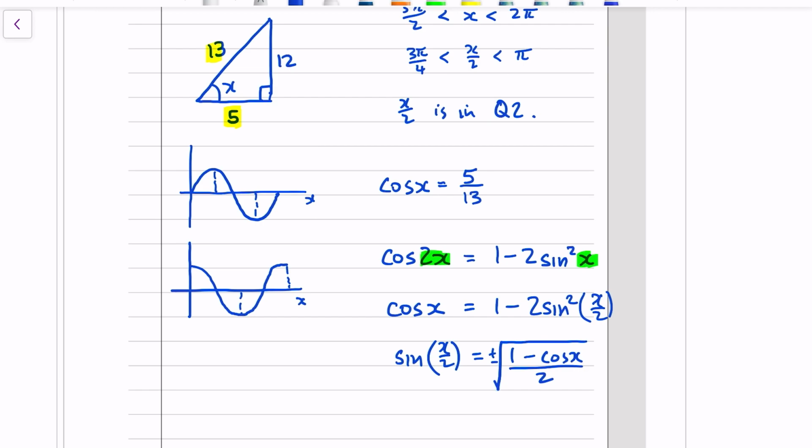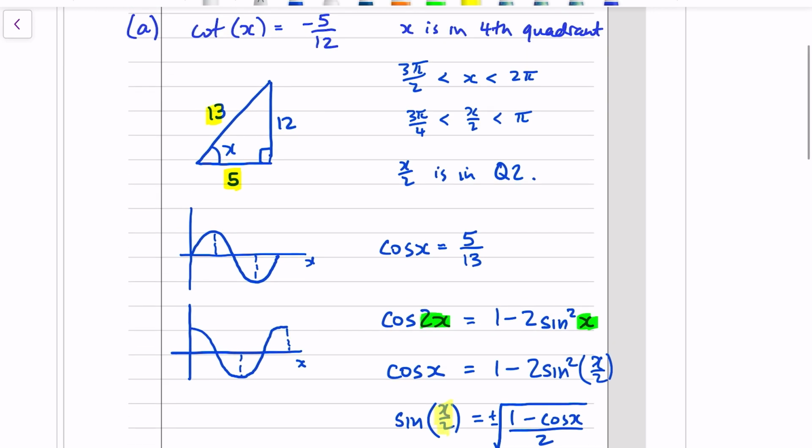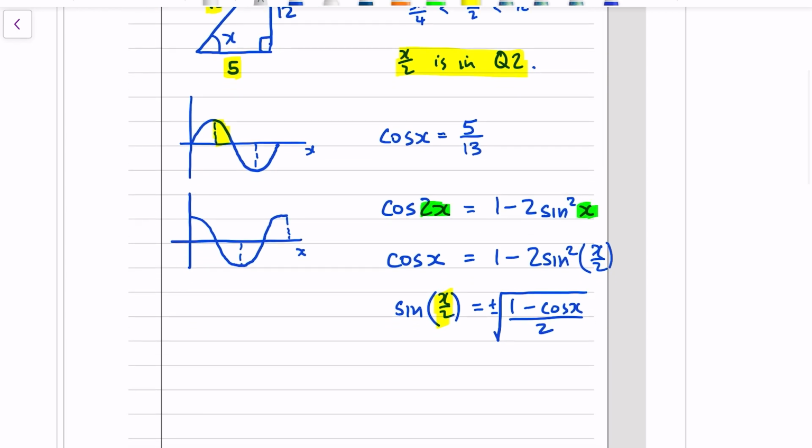And this is again where we need to consider the sign of the sine. X over 2 is now our argument, and it's in quadrant 2. So quadrant 2, what happens to the sine function? Well, in quadrant 2 the sine function is positive, so we need to ignore the negative root there, and in Q2, sine of x over 2 will equal the positive root of this thing here.